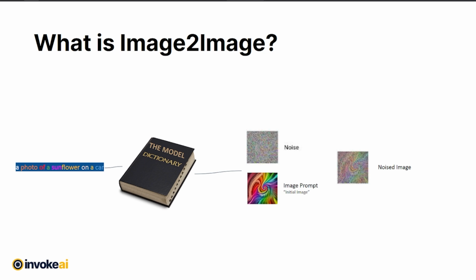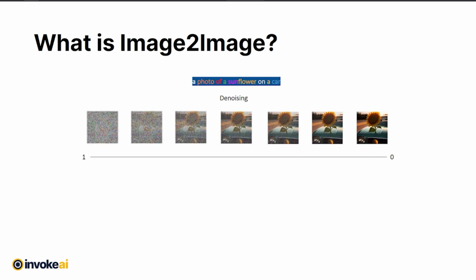The process of image to image merges our noise and the initial image into a noised image that the denoising process takes place over. So if you view this on a timeline, our original prompt of a photo of a sunflower on a car would be produced over a series of steps to generate our original picture. This doesn't have any type of image prompt in it. It's just the standard denoising process.